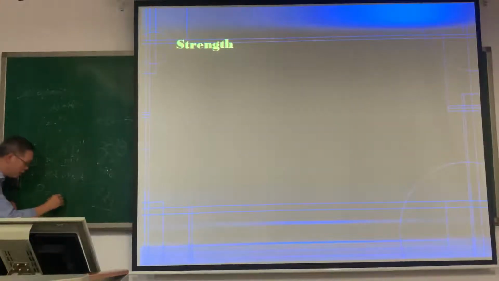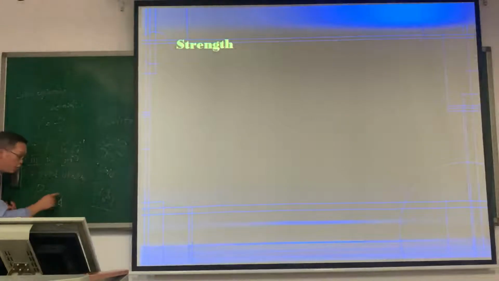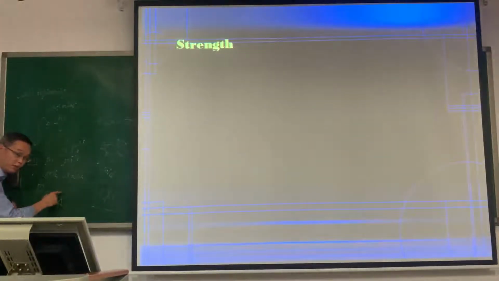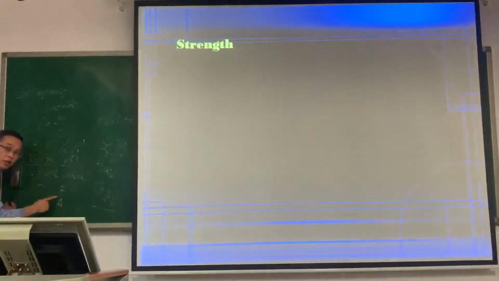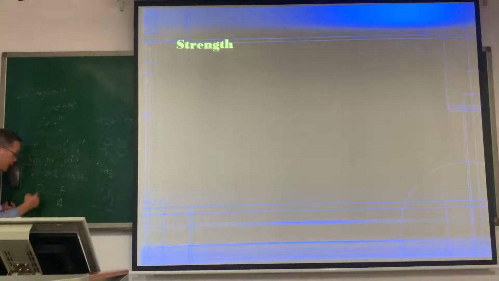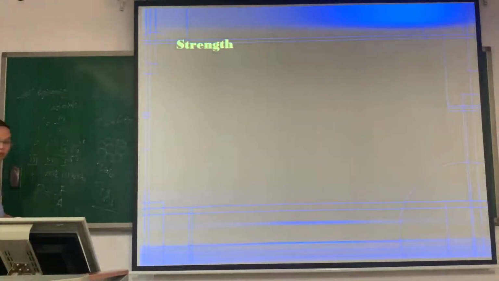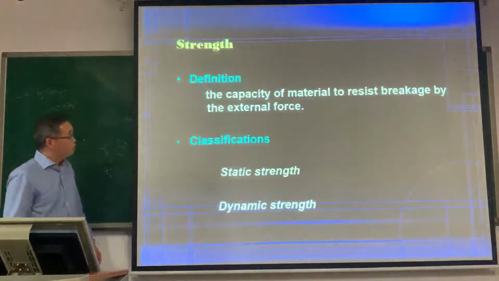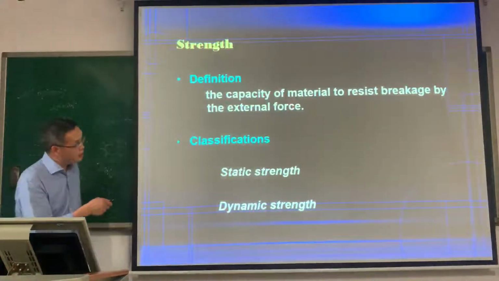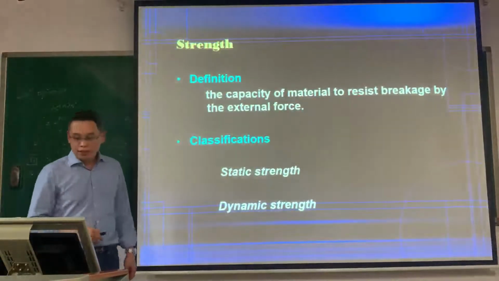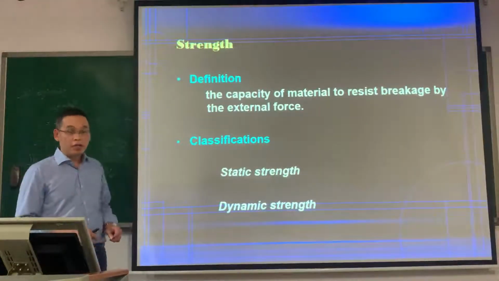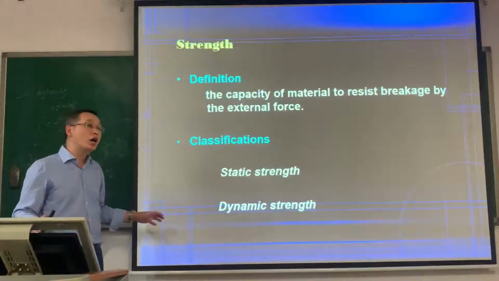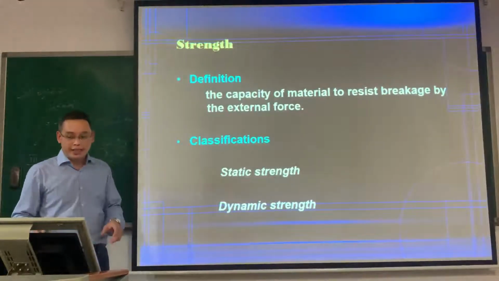And what is this? Force. Which means that force per unit area gives us the strength. So strength means the capacity of a material to resist breakage by external force. External force means the outside load.